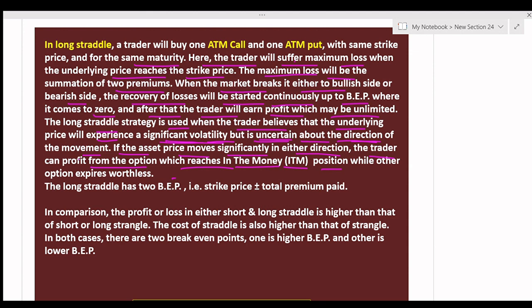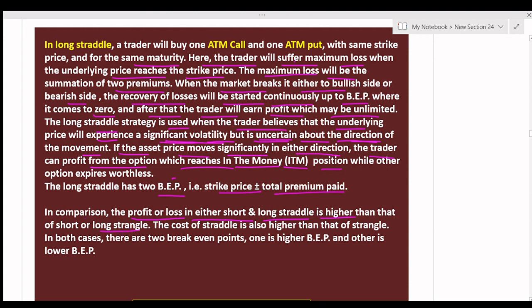The long straddle has two BEPs, that is strike price plus or minus the total premium paid. In a comparison of profit and loss between short and long straddle, we will come to it later.